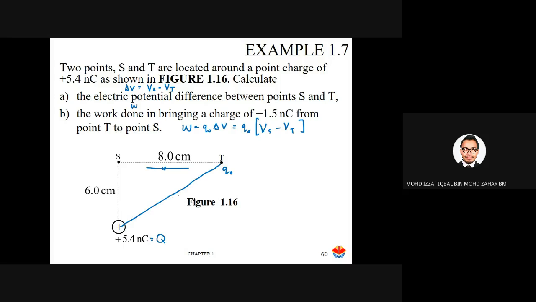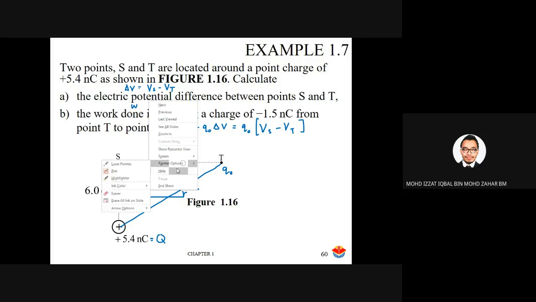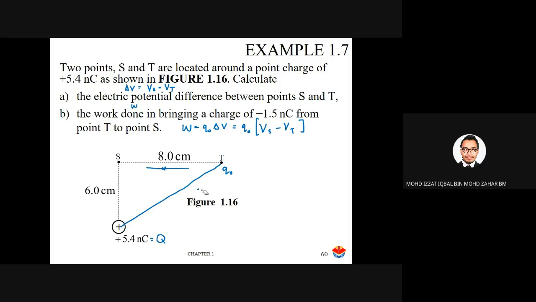So this one is actually RT, and this one is actually RS. Okay, so you can see that S is actually shorter lah, so you expect the potential would be different as well. That's why kita akan ada applied some work. So solution dia senang je.